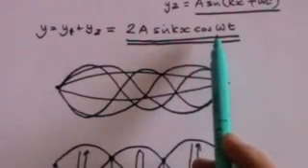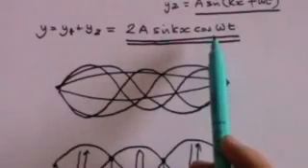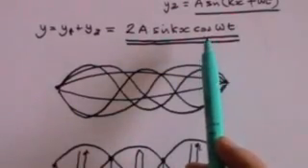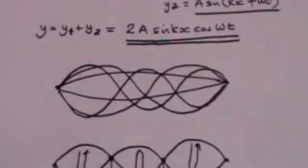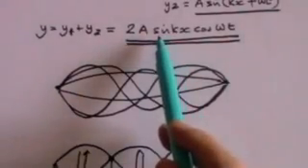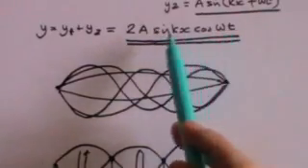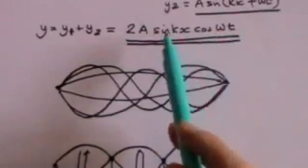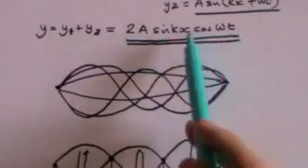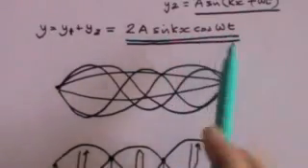And that's what makes it a standing wave. That's why it doesn't move, which is why it's called a stationary wave. But you will see that the amplitude of the wave at any position in x and any time t is going to be given by this combination of sine and cosine.